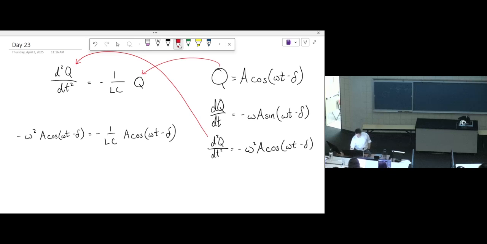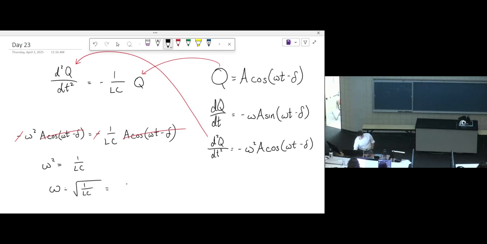Well, I can divide by -1 on both sides. That gets rid of my negative sign. I can divide by a cosine omega t on both sides. And that means that omega squared is equal to 1 over LC, or omega is equal to the square root of 1 over LC.